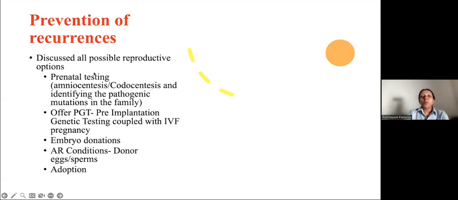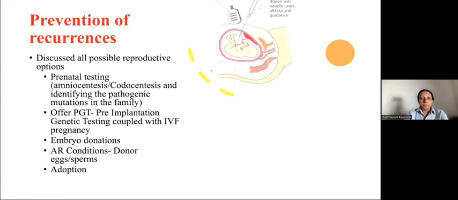We discussed all possible reproductive options available in our settings, starting from prenatal testing. You can do amniocentesis at 16 weeks or chorionic villus sampling at 18 weeks of gestation. Because the family mutation is known, we can do genetic testing to see whether the baby is affected or not.